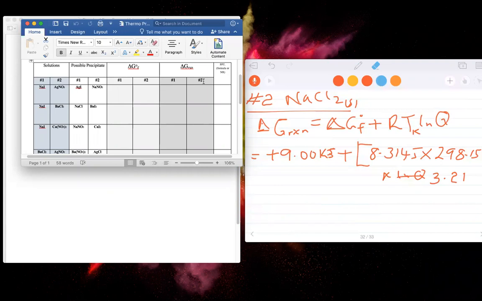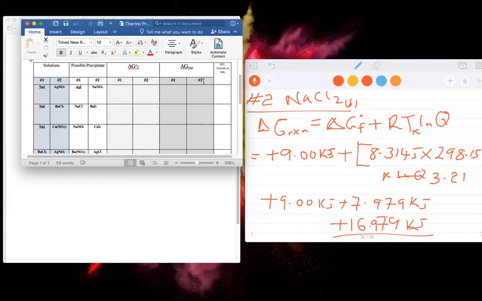I get 7.979 kilojoules. I add that to the original, positive 9.00 kilojoules, plus 7.979, and I have 16.979 kilojoules positive.